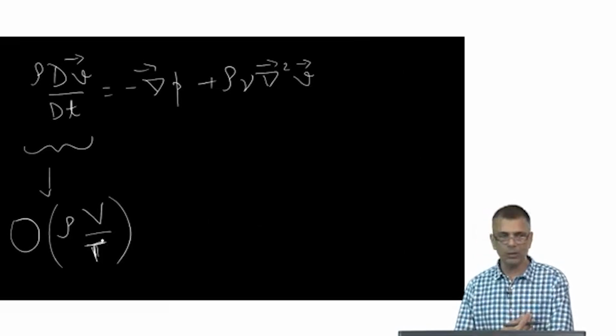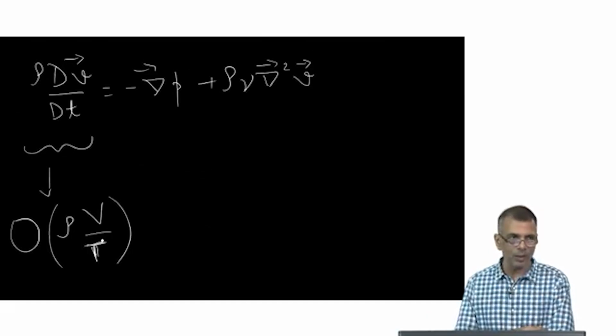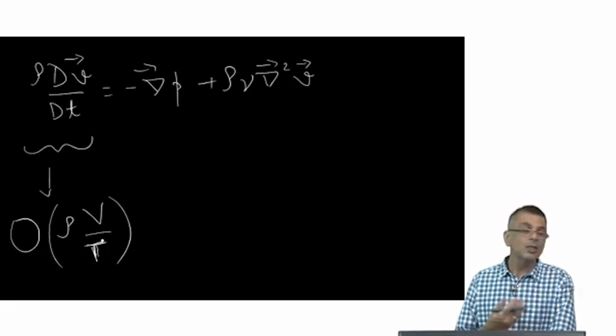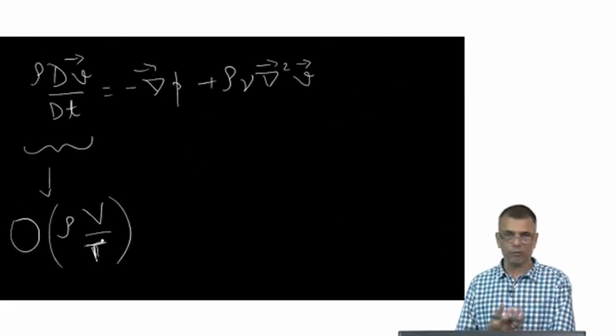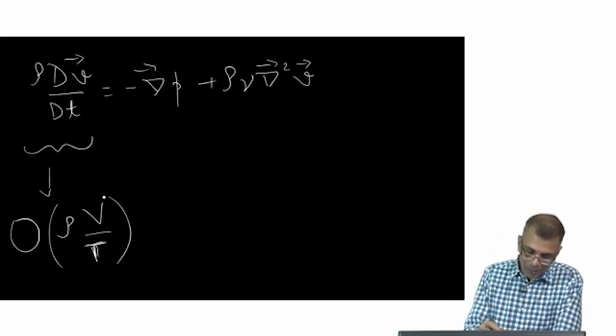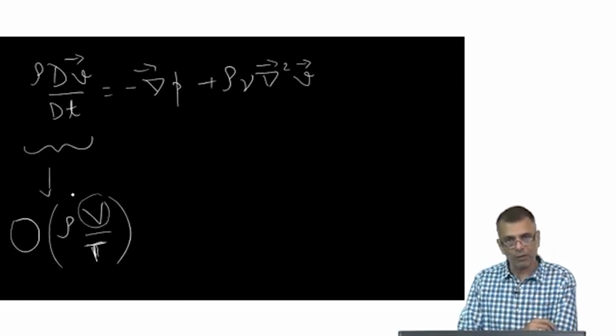When you're talking about a breeze flowing through this room, you're certainly not talking about something flowing at several kilometers per second. You're talking about velocities much smaller than that, of the order of so many centimeters per second. That is what I would call a characteristic velocity for a given situation.